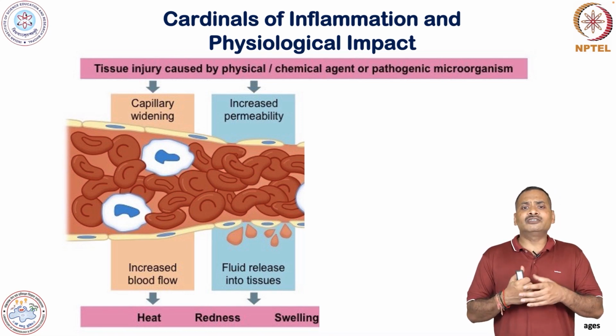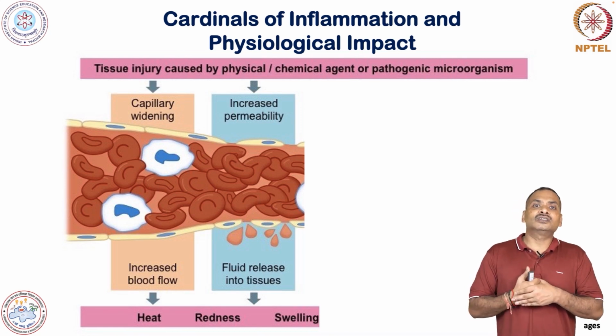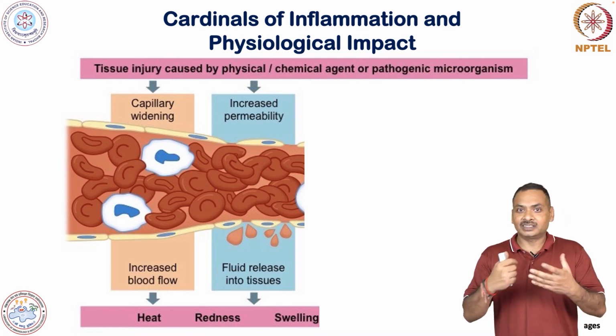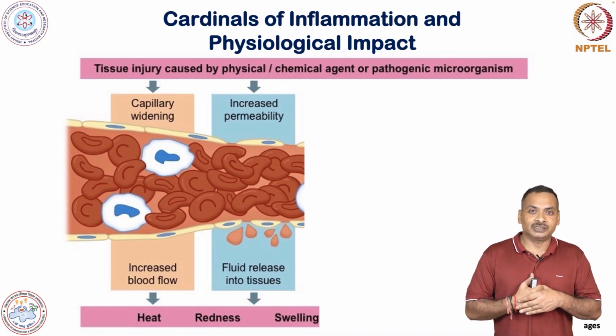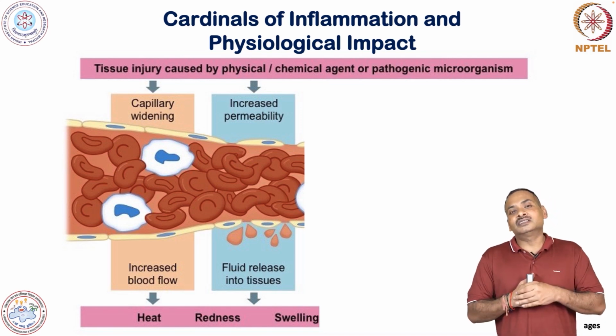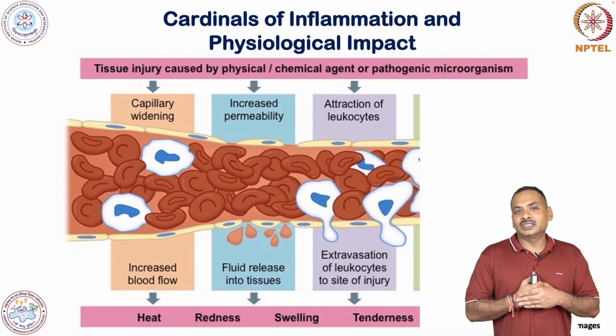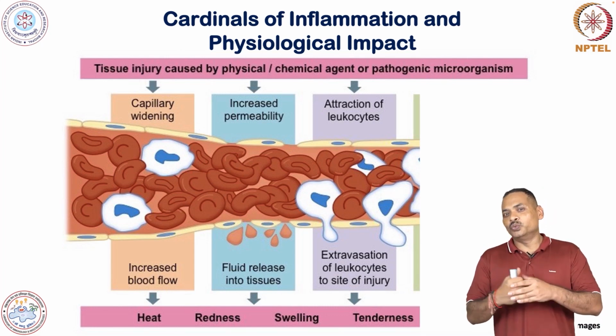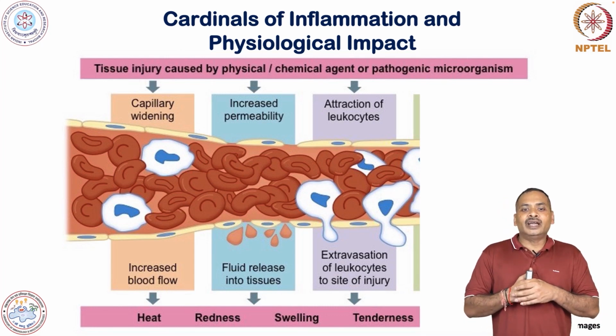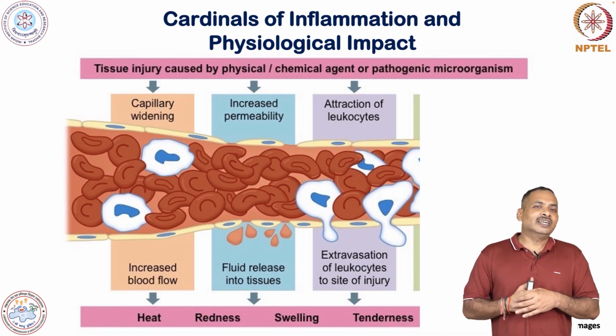Another is the attraction of white blood cells to the site of inflammation, and this results in the movement of these white blood cells out of the blood vessels, which will cause some kind of tenderness.